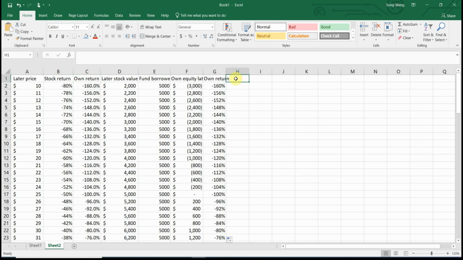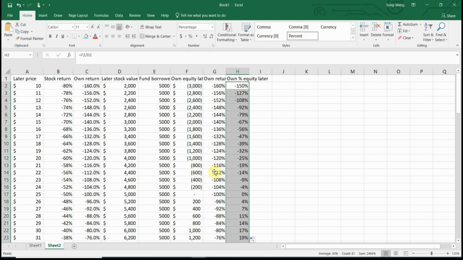And then you can calculate your own equity later as a percentage. You're going to use your own equity divided by the later stock value. So this is going to be negative 150%.